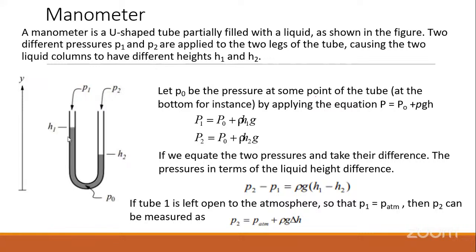Then there's a fluid in the U-tube. From the top of the fluid up, that is your h1 on the first arm, and then from the top of the fluid to the top opening, that is your height h2 for the second arm.